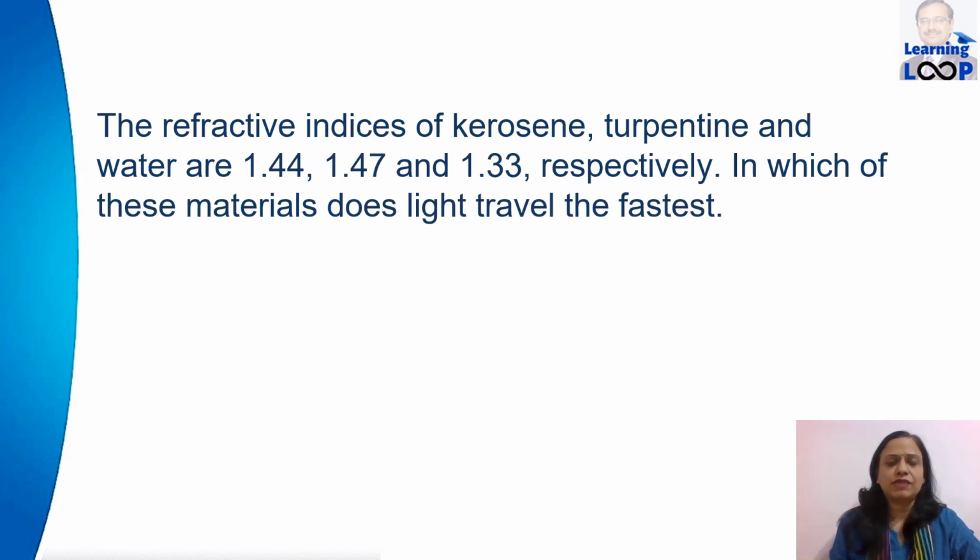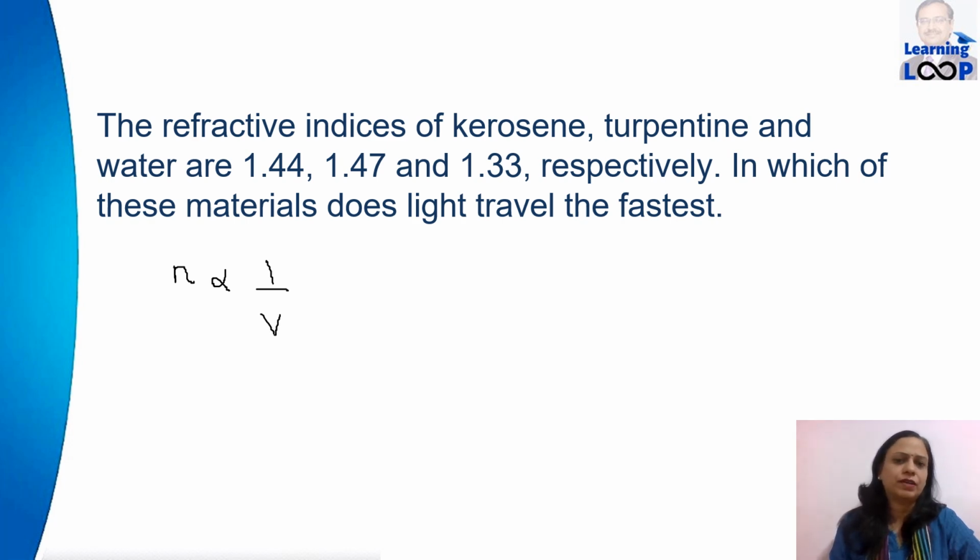Another one, this is a very important question from your NCERT textbook. The refractive indices of kerosene, turpentine and water are given to you here. For kerosene it is 1.44, for turpentine it is 1.47, and for water it is 1.33. You have to tell in which of these materials light travels the fastest. As I said earlier, refractive index is inversely proportional to the speed of light in medium.